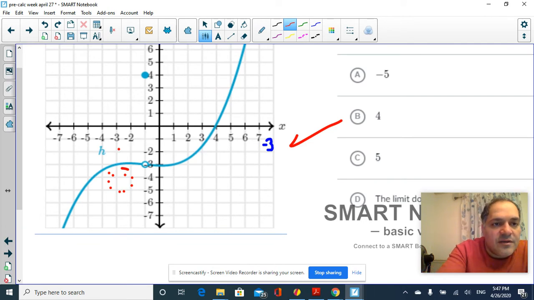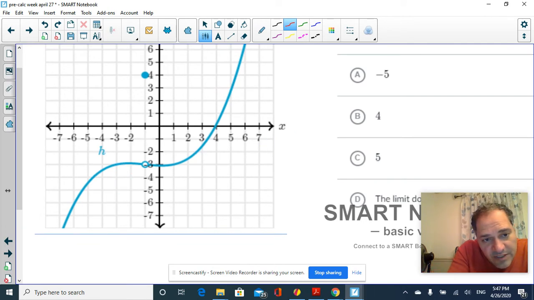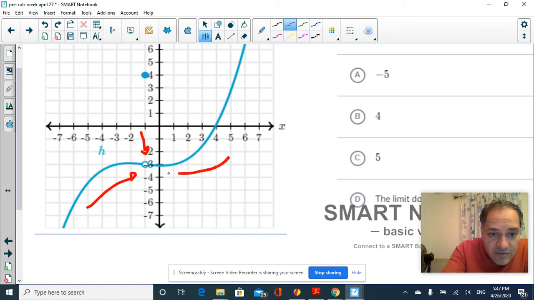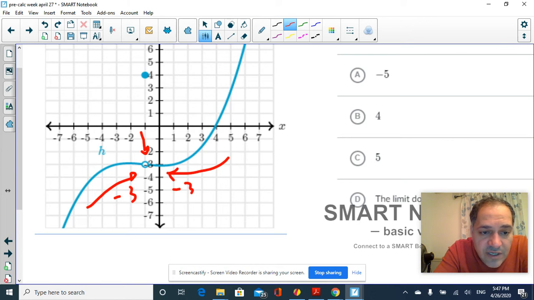If you look at x equals negative 1, you have a hole here. So the function itself, if you plug in negative 1, is undefined. But the limit from the left is going to what? Negative 3, yes. And from the right going to what? Negative 3. So the limit from left and right at x equals negative 1 is also negative 3.